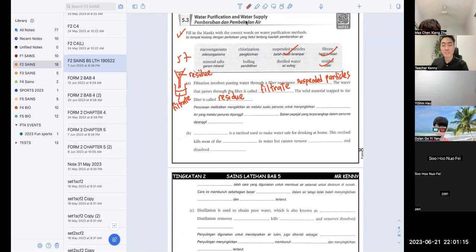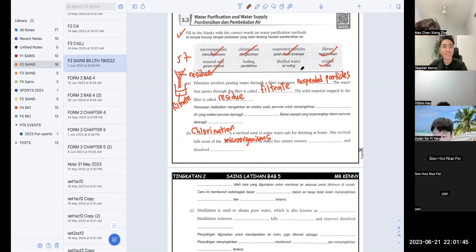Next up, what is a method used to make water safe for drinking at home? This method kills straight away. Chlorination. Kills most of the microorganisms in the water, but cannot remove mineral salts.